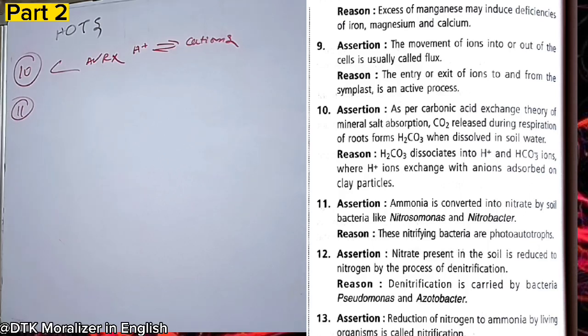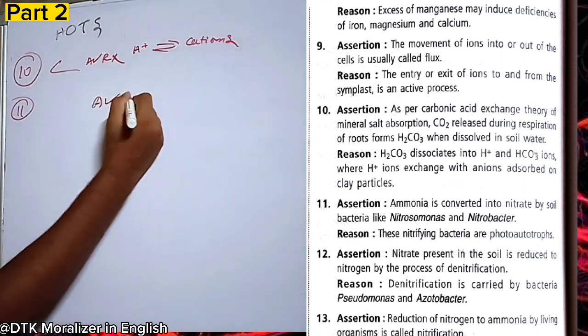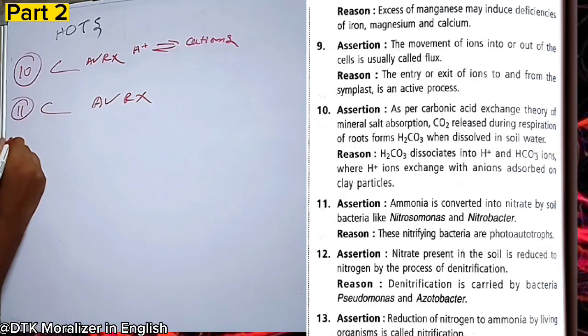Now question number 11. Ammonia is converted into nitrate by soil bacteria like Nitrosomonas and Nitrobacter. These nitrifying bacteria are photoautotrophs. No, the reason is false here. These are chemoautotrophs. Question 12.